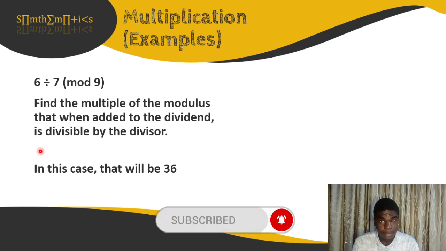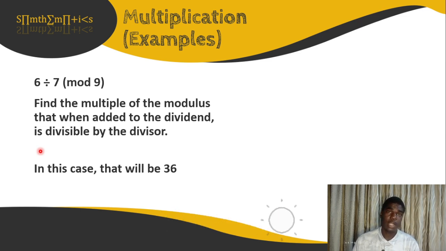So we'll try 18. 18 plus 6 gives you 24, not divisible by 7. We'll try the next one, 27. 27 plus 6 gives you 33, which is not divisible by 7, right? And so we'll try the next one.